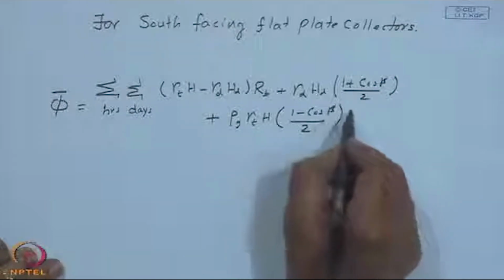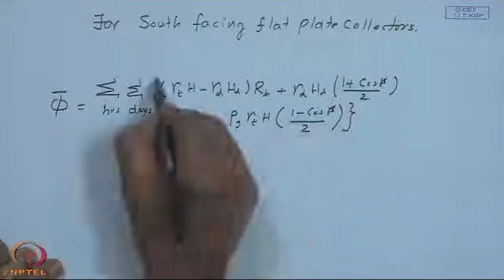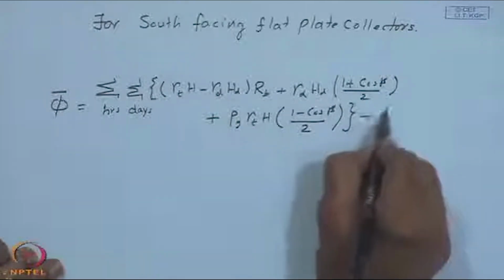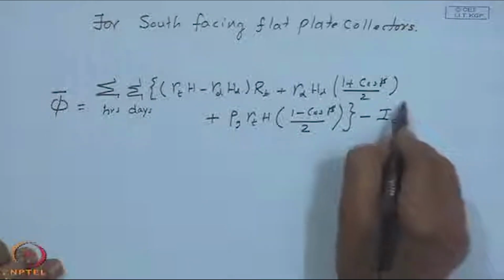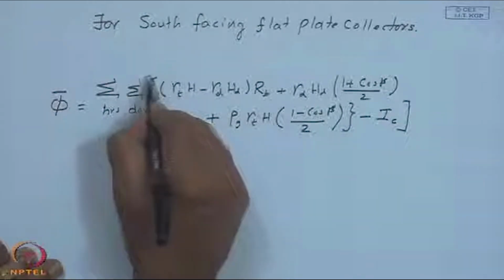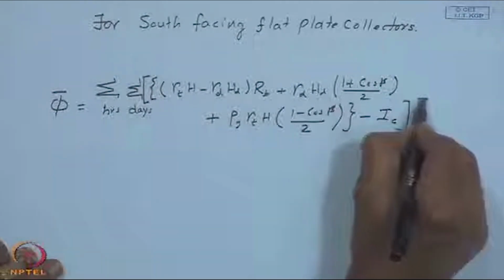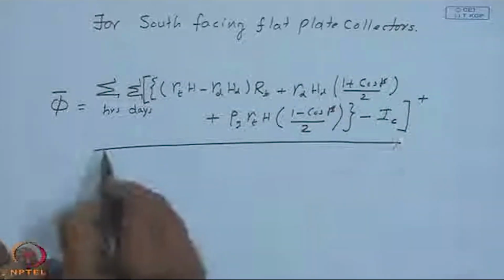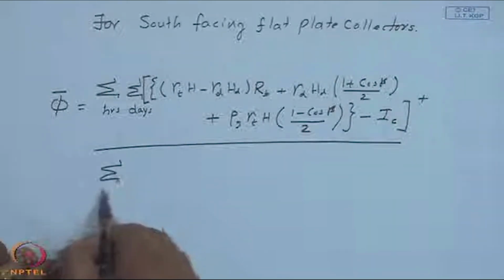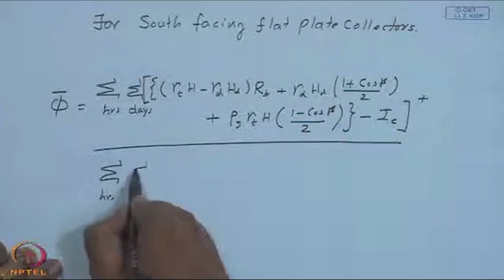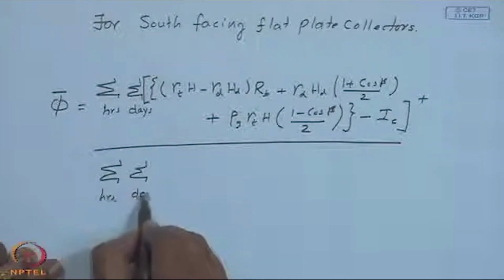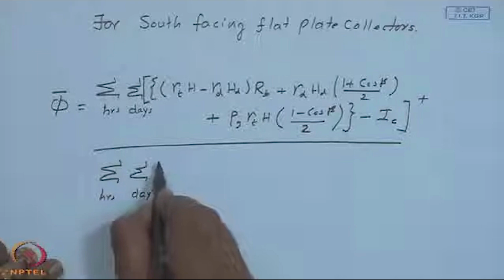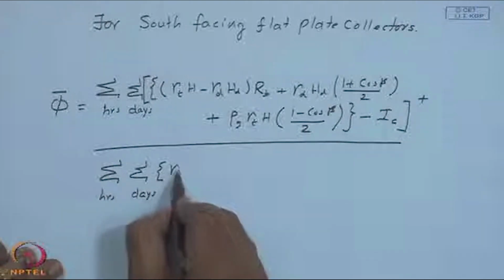Then we have curly brackets minus critical level IC, then the square bracket with the superscript plus, upon over hours. I shall explain each term, then it becomes very easy for you to remember the basis on which we have written this.